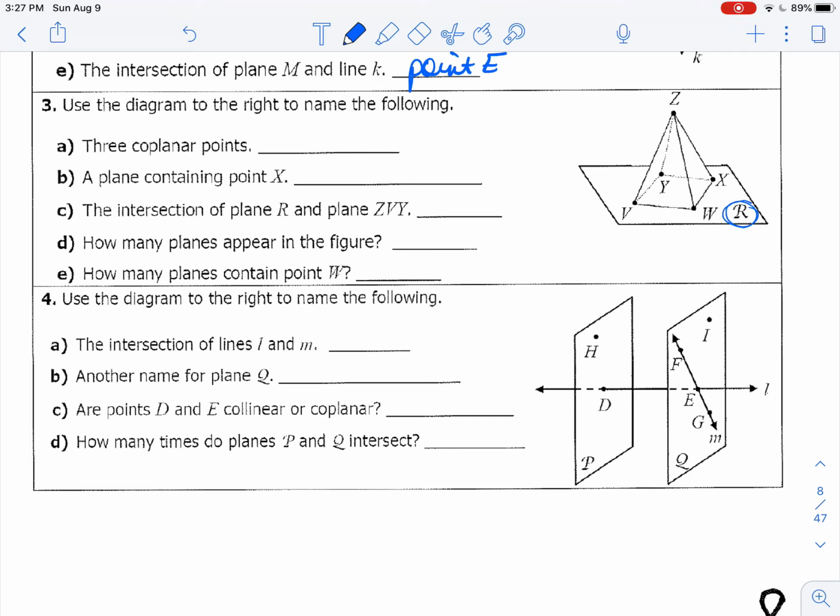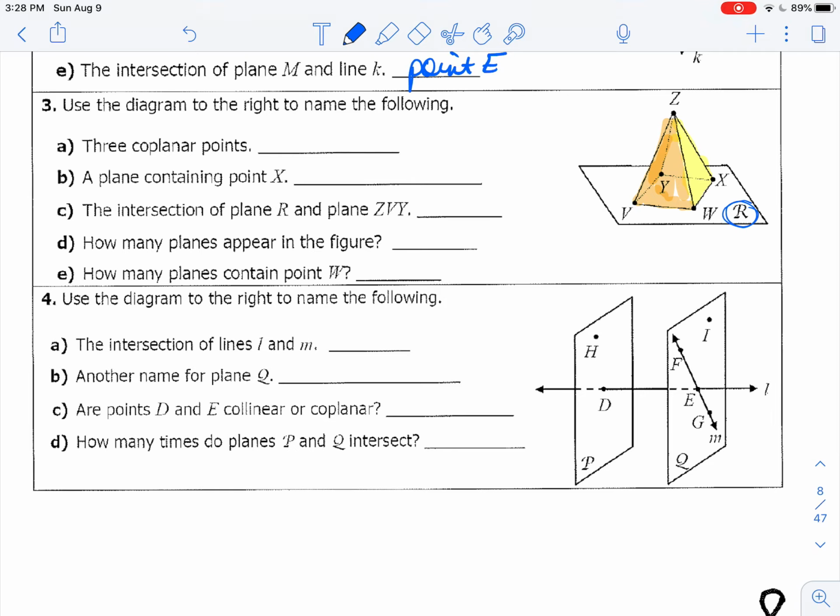We're looking at plane R, or we could look at plane WXZ. We also have this plane in the front, VWZ. We have a plane on the left side of this triangular pyramid, or a plane in the back. So pick your plane and identify 3 coplanar points.